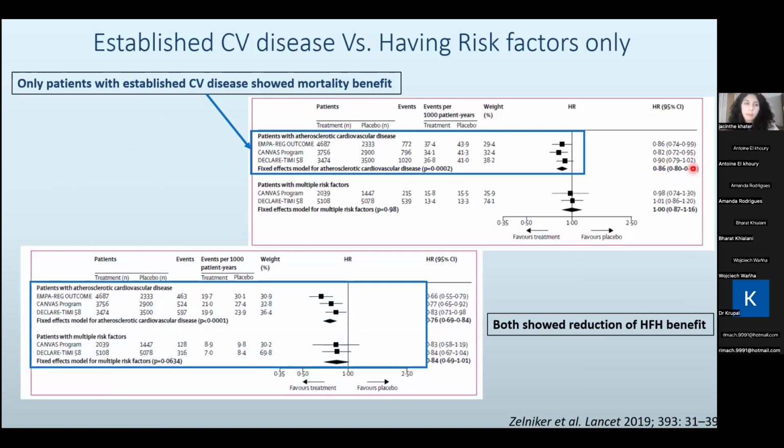And so only patients with established cardiovascular disease showed mortality benefit, whereas both samples, meaning the atherosclerotic cardiovascular disease patients and the patients with multiple risk factors, showed a reduction in heart failure hospitalization.